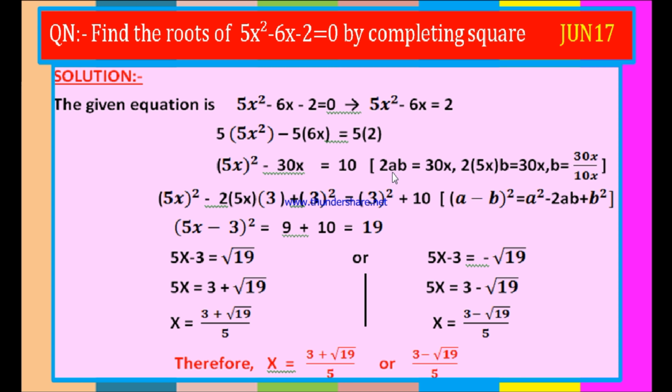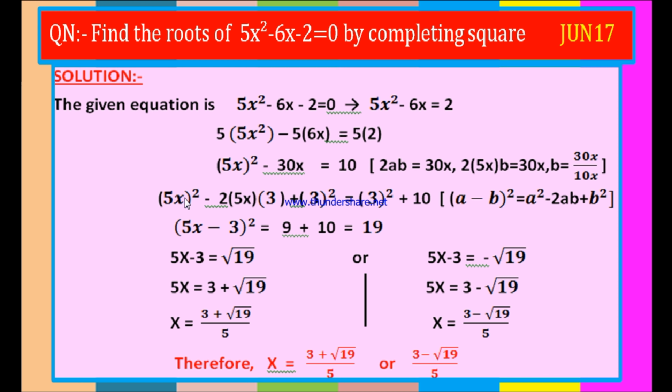2 into a value, 5x, into b is equal to 30x, so b is equal to 30x divided by 2 5s, which is 10x. x and x will be cancelled, and 10 into 3 is 30, therefore b is equal to 3. Since b is equal to 3, you have to add the b square term to both LHS and RHS.